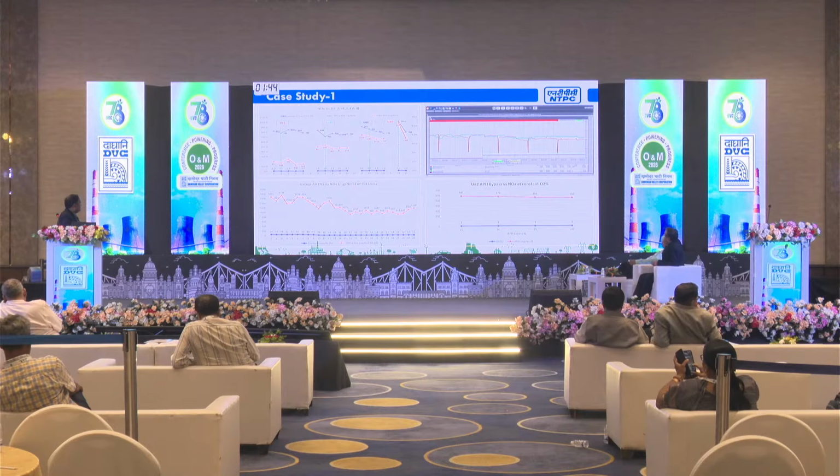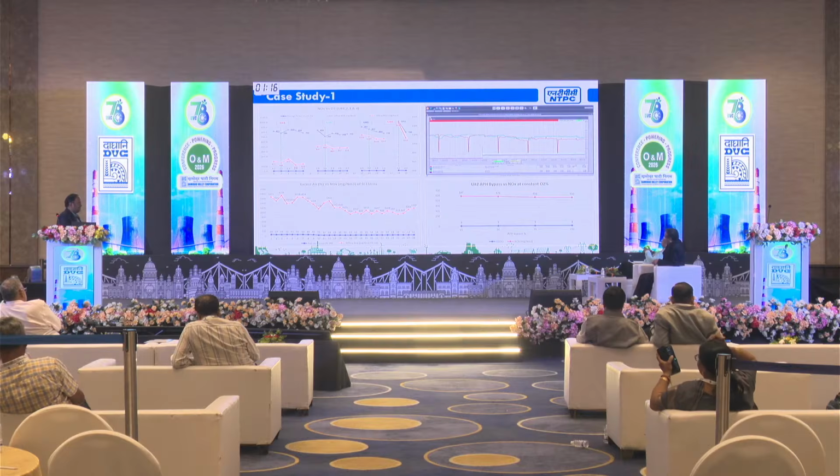We have some trends: through O2 reduction, we achieved lower NOx, and by controlling excess air, we are able to reduce the NOx. Through gas recirculation, although in the unit this is not working, we have seen the previous trends, and from them we concluded that NOx reduction is very limited, only 70 to 80 mg per Nm cube.